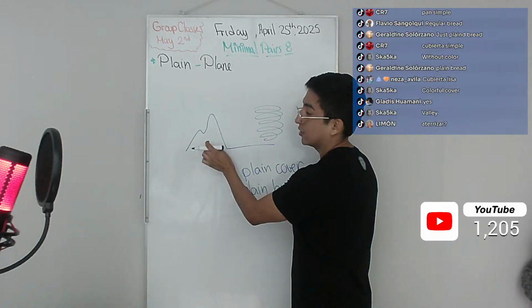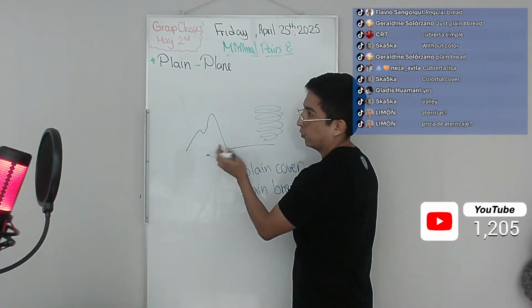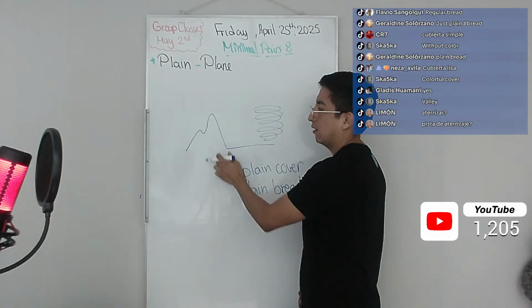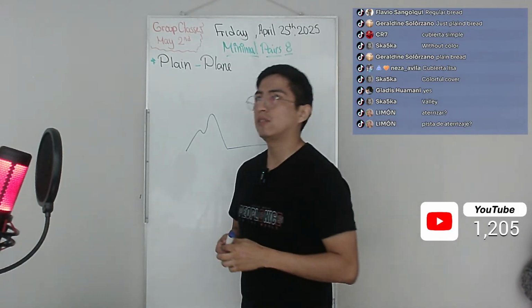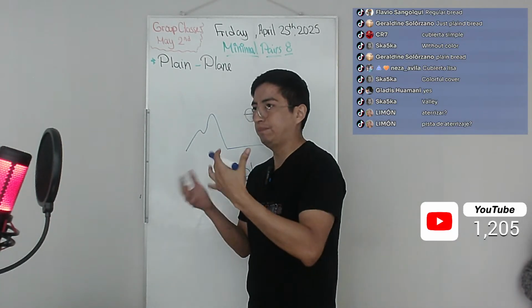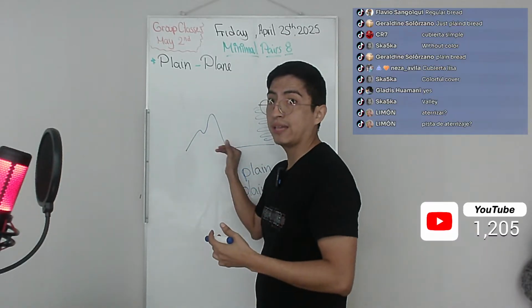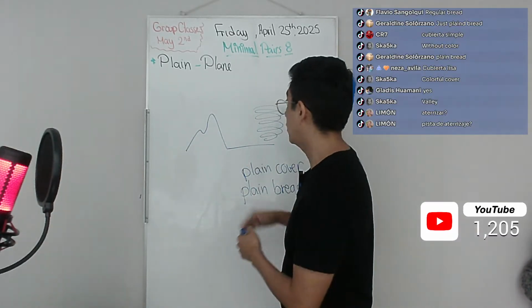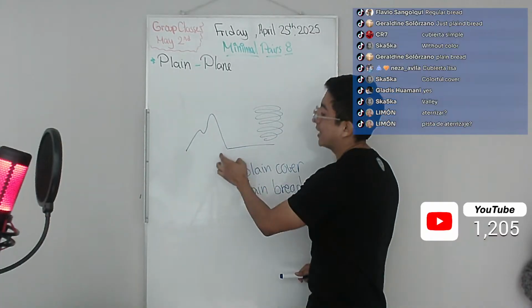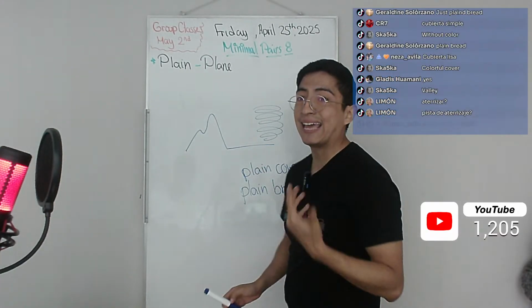So that's why here in South America we don't have this problem, because the geography of this part is mountainous sometimes. Okay, so that is also plain. This is a flat area.